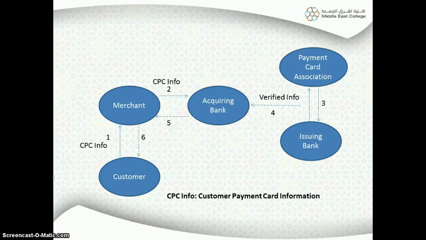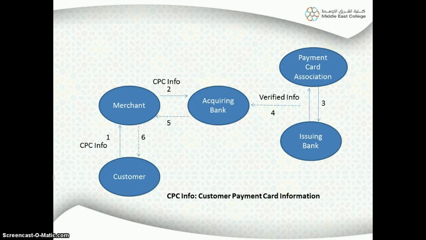The server software adds the merchant identification to the information transmitted. The merchant then submits this information to the acquiring bank, with which the merchant holds an account. The merchant bank transmits this information to the customer's bank for authorization.